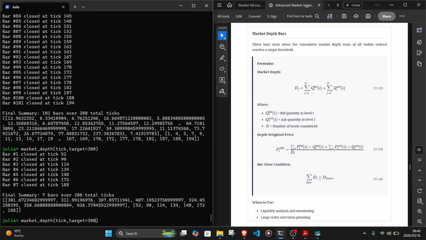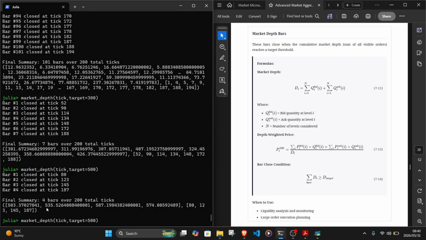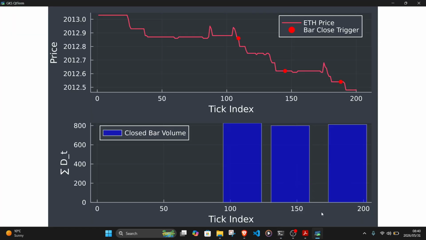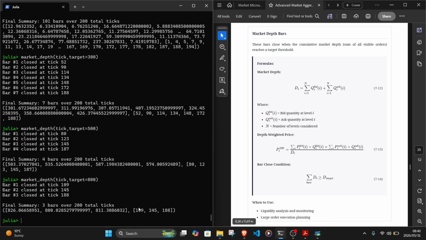Now let's keep pushing because my goal is to get it to 1. So I'm going to go 500, 4 bars processed in total. Okay, let me go a little bit further. I'm going to say 800. About 3 bars over 200 total. Let's go look at that. And here it is, right? Let's look at where these bars got closed.